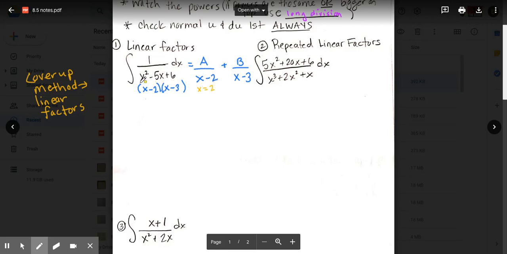So we cover up that factor on the bottom and plug in x equals 2 anywhere we see x's. If you had x's in the numerator, you'd plug it in there, but you don't. So you plug it into the denominator and you end up getting 1 over 2 minus 3, which gives you negative 1. So you just found out that A is negative 1.